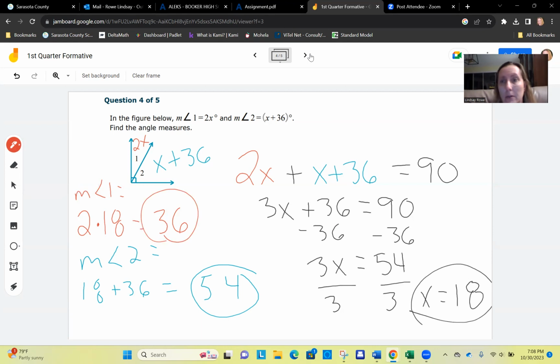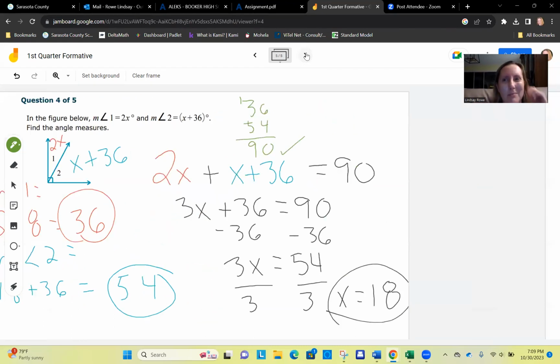Now, if this was an assessment that I cared about, which you should care about every assessment, I'm going to go back and add these two together and say, well, 36 plus 54, this better be 90 to make sure that I did it right. And thank goodness, it does add up to be 90 degrees. So I'm fairly certain that we did it correctly.